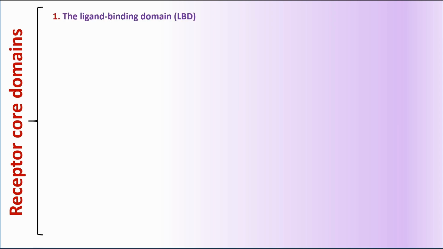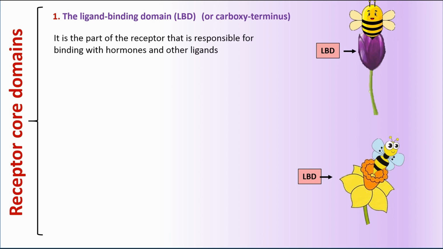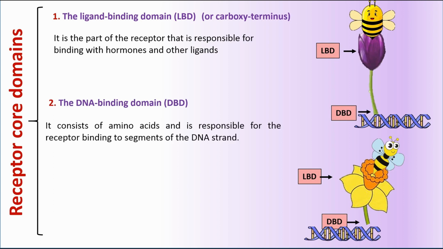Receptor core domains. Number 1, the ligand binding domain or LBD or carboxy terminus. It is the part of the receptor that is responsible for binding with hormones and other ligands. Number 2, the DNA binding domain or DBD.